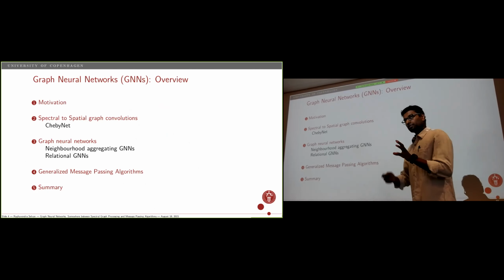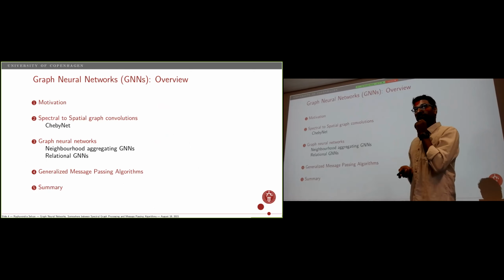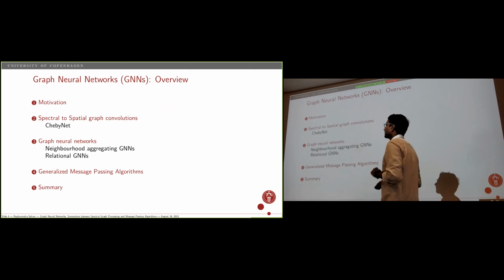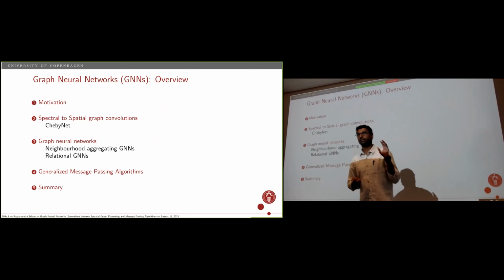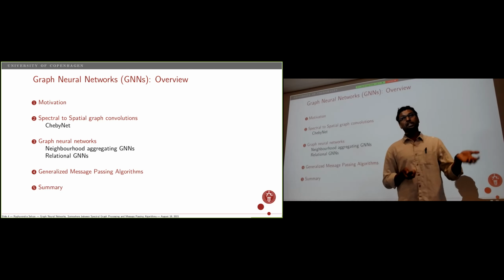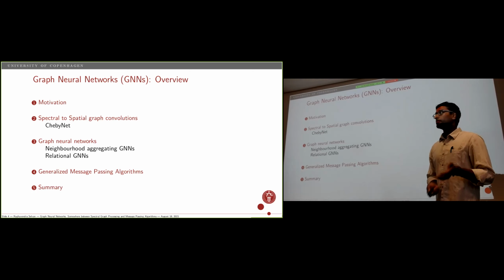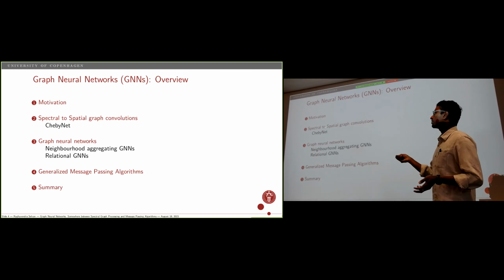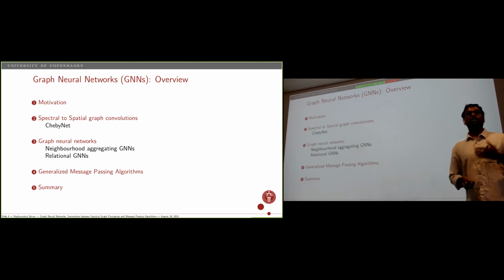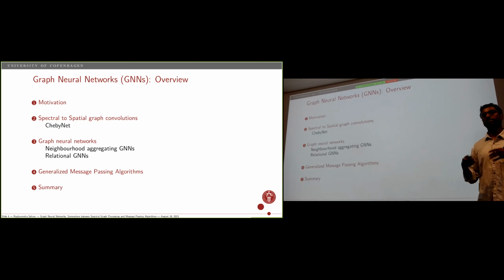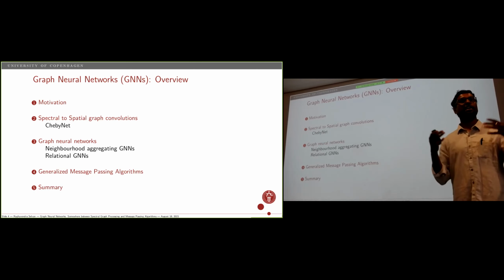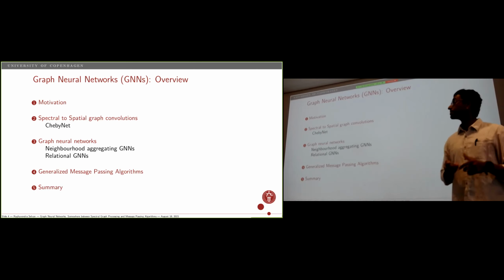So this is sort of the general overview of my talk today. I'm going to start out with a bit of the spectral graph processing. From there, we will arrive at one of the popular spectral graph neural net methods, which is the Chebyshev net. And going from there, we will arrive at the GNNs as we know, as the node propagating, neighborhood aggregating schemes.